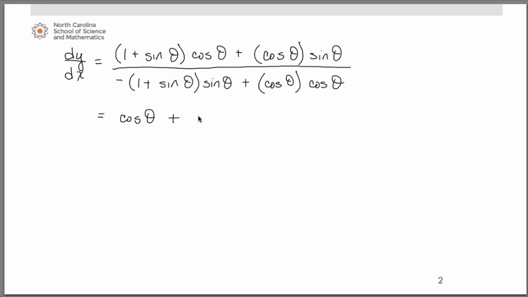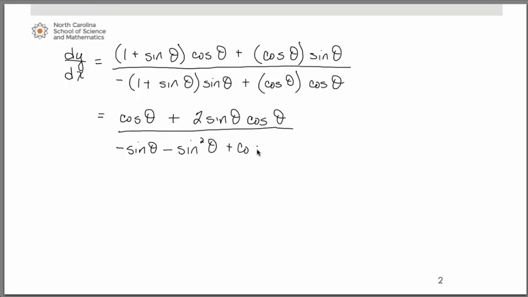So when we combine those, we have 2 sine theta cosine theta. Of course, you could put the cosine theta first, according to the commutative property for multiplication. Distributing in the denominator, we have to distribute both the negative and the sine. That gives us negative sine of theta, and then a negative sine squared of theta, and then behind the plus sign, we have cosine squared of theta.